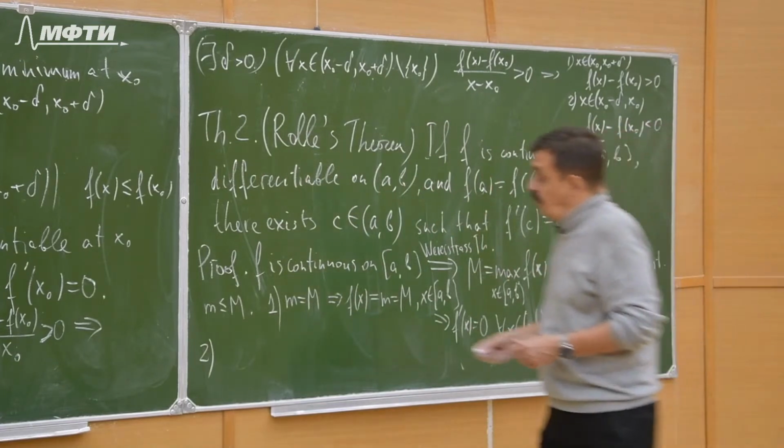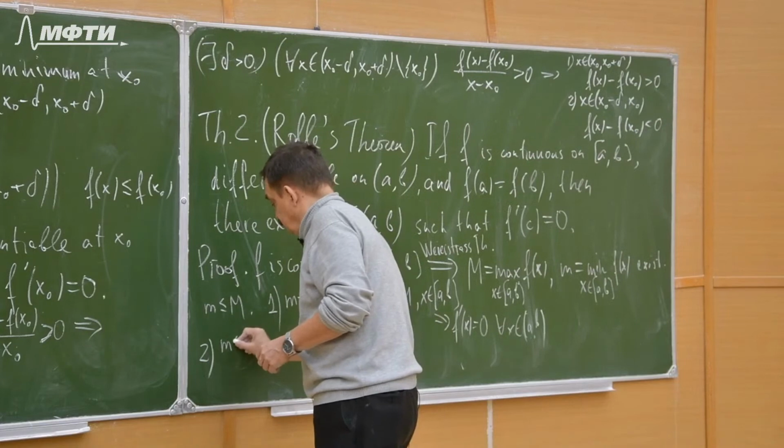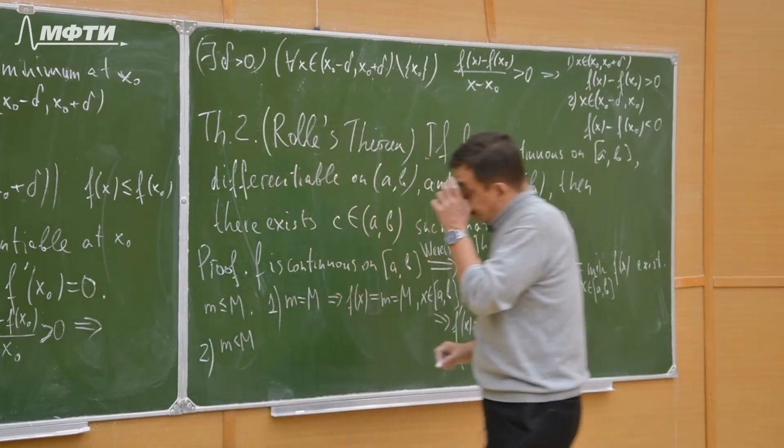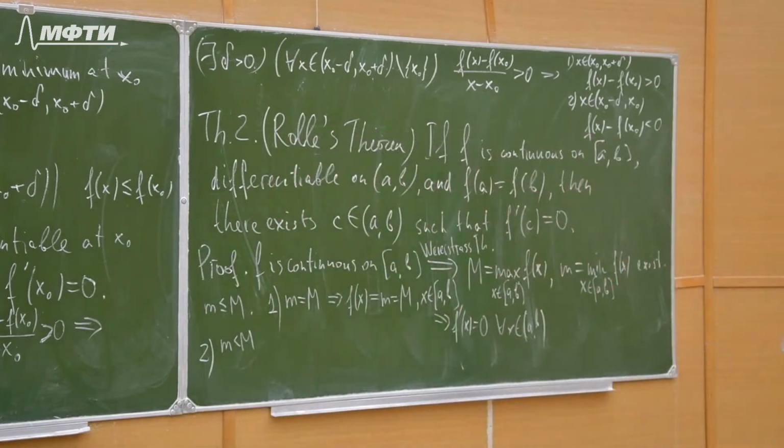Small m is smaller than capital M. So we know f of A equals f of B, right?